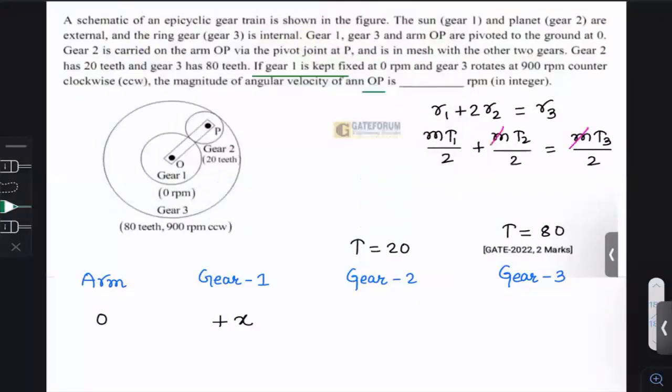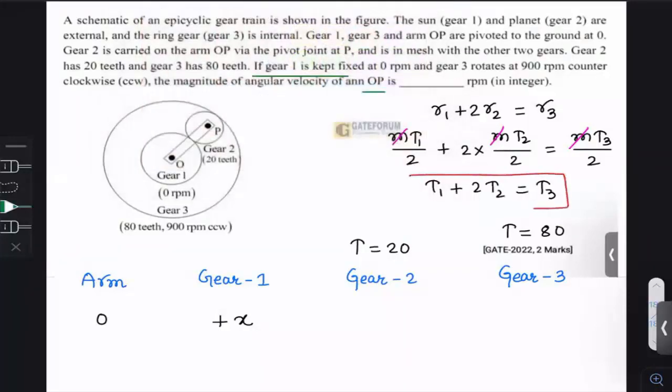Cancel, my dear, the 2 is there. So here T1 plus 2T2 is equal to T3. Now T1 is T3 minus 2T2. T3 is 80, 80 minus 2 into 20, which is 40. So that was the catch in this problem: 40 is the number of teeth in T1, right?